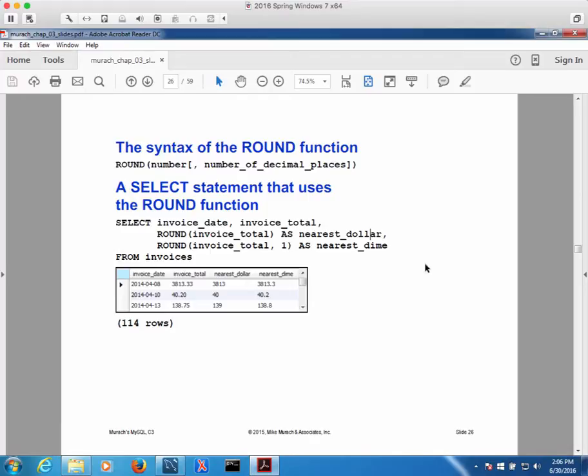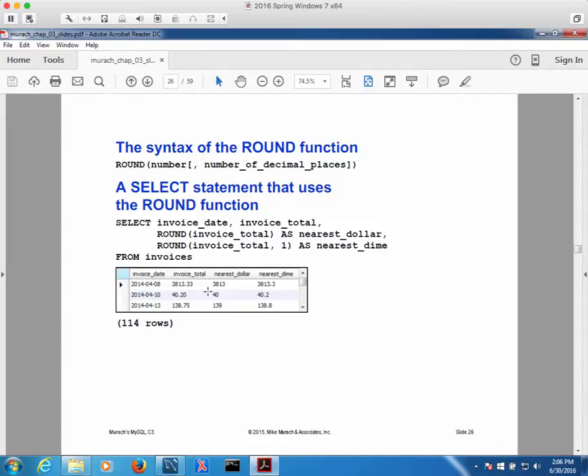Okay? So we have a round function, and as you can see here, we say round invoice total. We don't have any second argument. If we don't have a second argument, that means round off the fractional amounts. Okay, turn it into an integer.